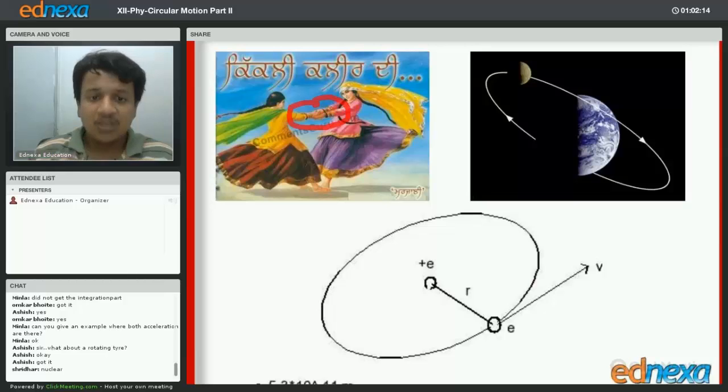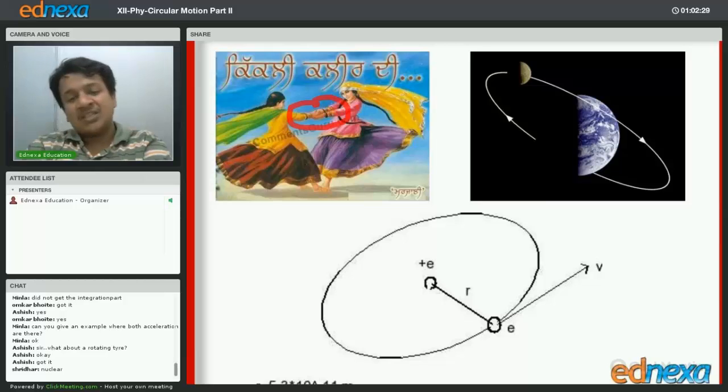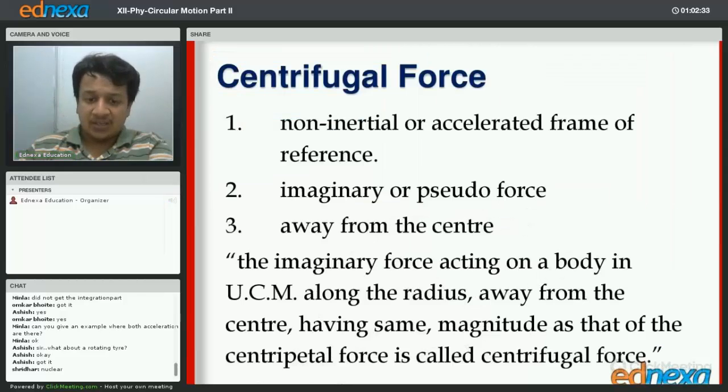Now, what is Newton's third law of motion? For every action, there is an equal and opposite reaction. So centripetal force is the action. When centripetal force is the action, centrifugal force is the reaction.